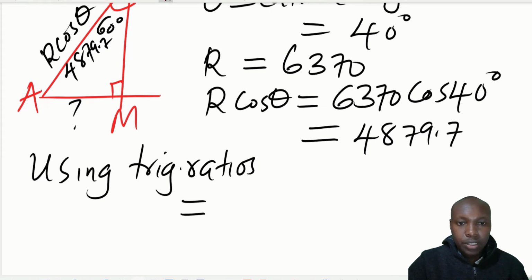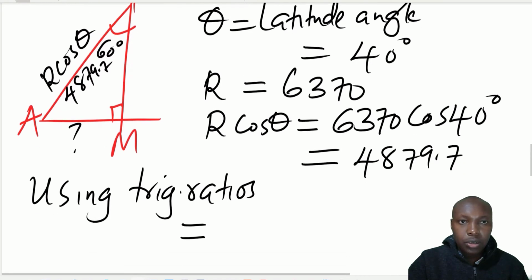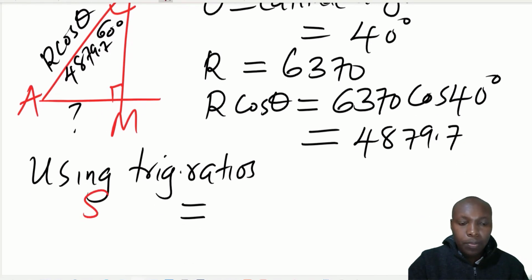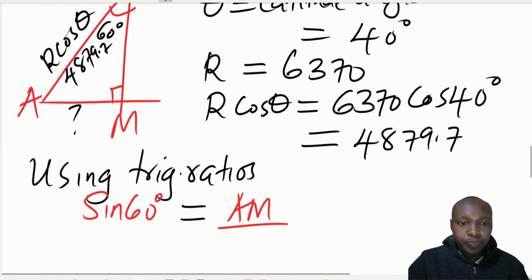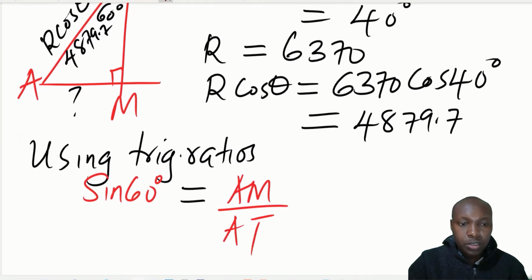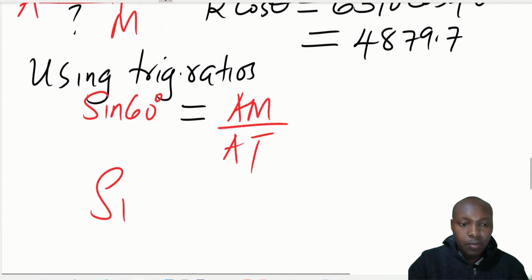So sine of 60 is equal to the opposite, which is AM, over the hypotenuse, which is r cosine of theta, which we got as AT. So sine 60 is equal to AM, which is what we don't have, over AT.